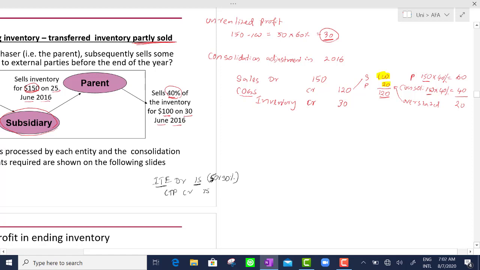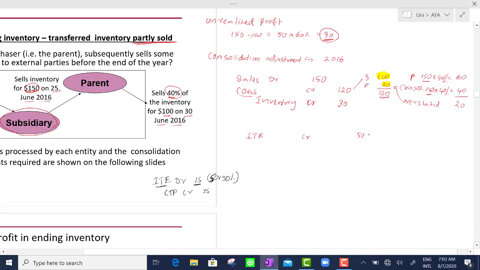But the 60% relevant to the unsold stock should be removed from income tax expense to the deferred tax asset. Right? So what happens? Let me take this color. Income tax expense account: income tax expense should be credited by, now total unrealized profit is 50.